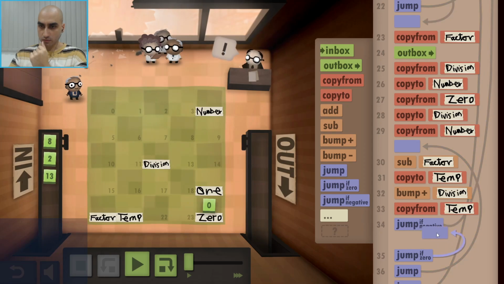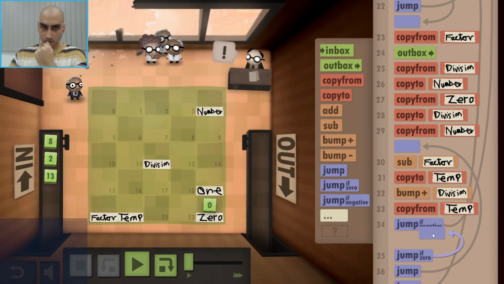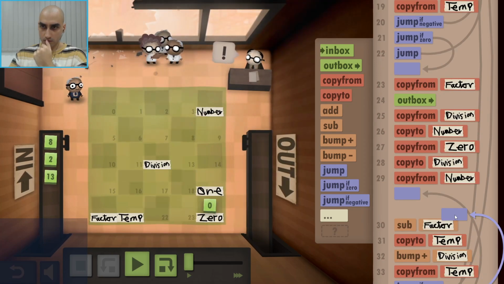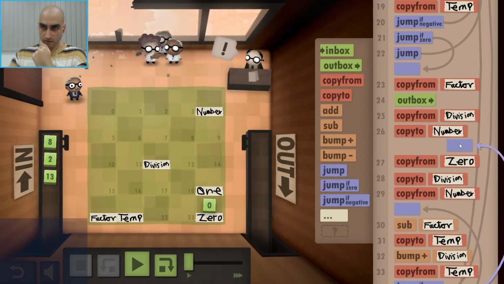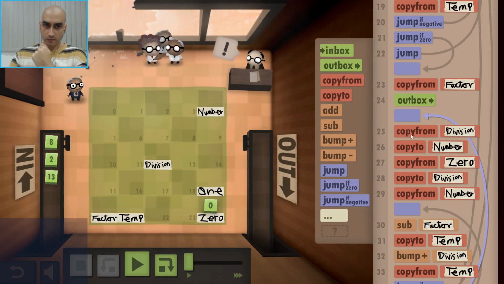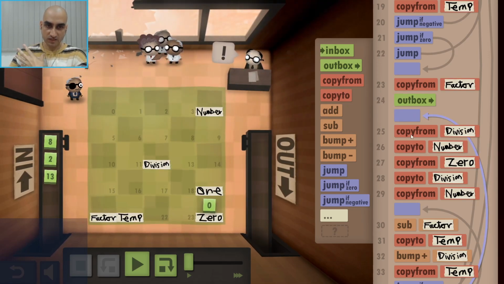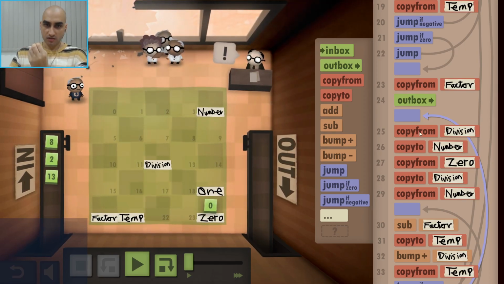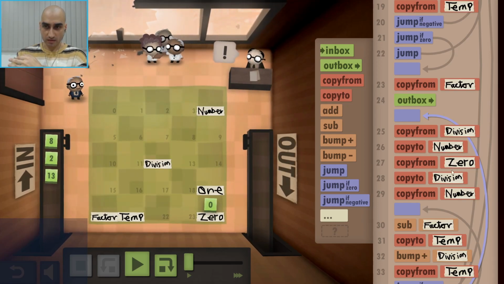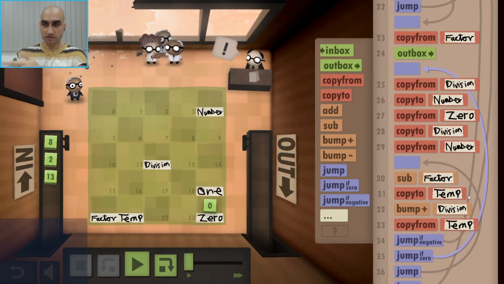If it's 0, then we do this. That means it is evenly divisible by that number, so we have to put the division in the number, reset the division, pick up the number again, rinse and repeat.